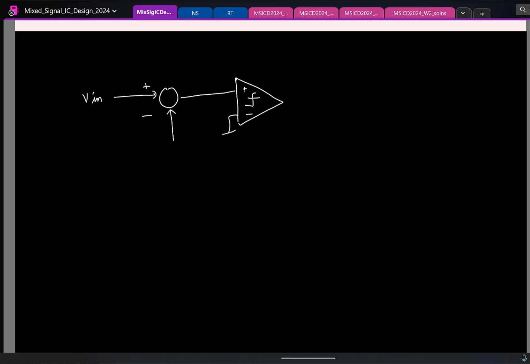The previous comparison result. So I look at the previous comparator output, and then I have something here that generates this. Now this is basically taking a digital input and giving an analog output, and this is what is being done by a capacitive DAC.